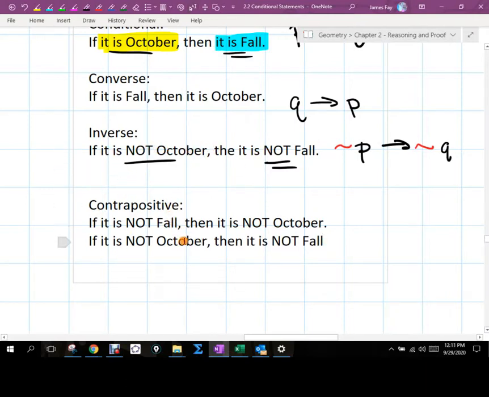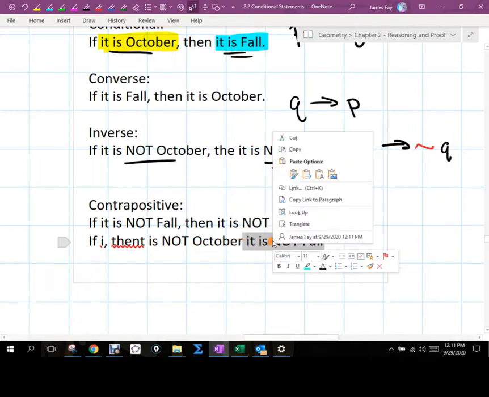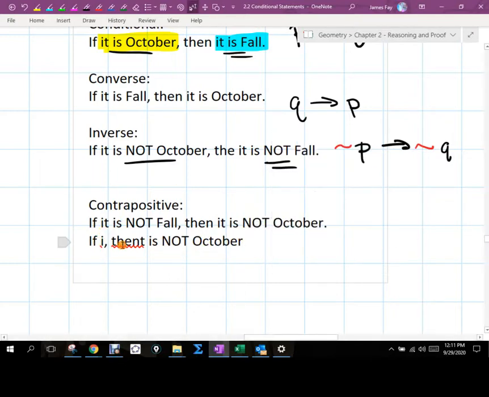Now, once I take this one here, let's cut it, put it there, take this one, cut it, put it there, clean it up a little bit. Is it still the same statement? If it is not fall, then it is not October. If it is not fall, it is not October, right?